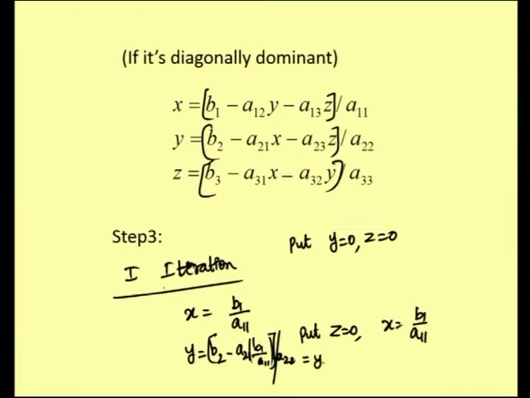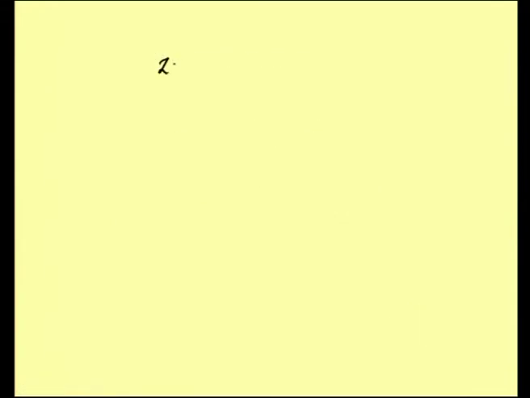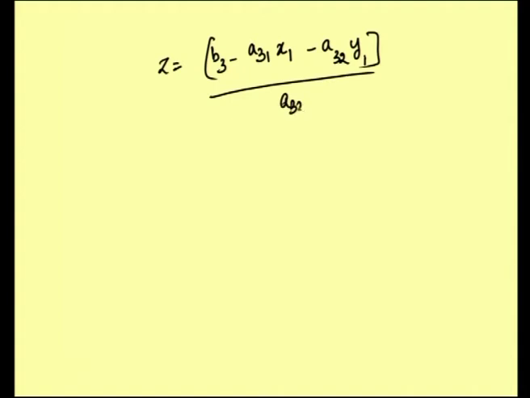This is y1 and this is x1, so that we get z is equal to B3 minus A31 into x1 minus A32 into y1, the whole thing divided by A33. This is our z1. So, we have obtained the values x1, y1, z1 in the first iteration.